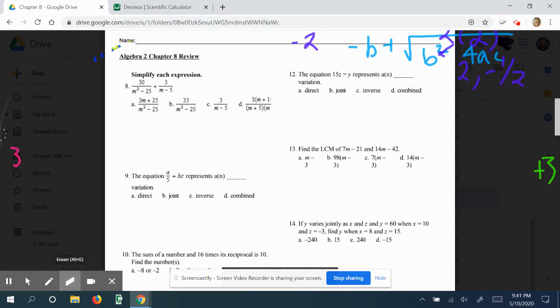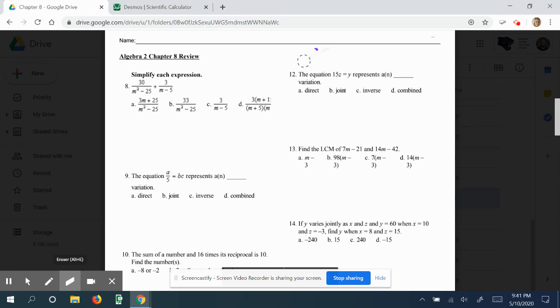Number 8. Okay? Number 8 says simplify the expression. Now this is an adding. And we go back to our rules for adding and subtracting fractions, right? They have to have the same denominator. Now, you'll notice that this is m squared minus 25, and then I have m minus 5.